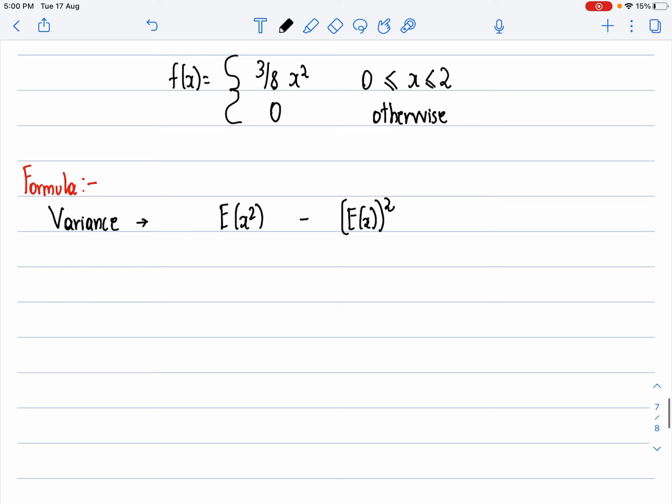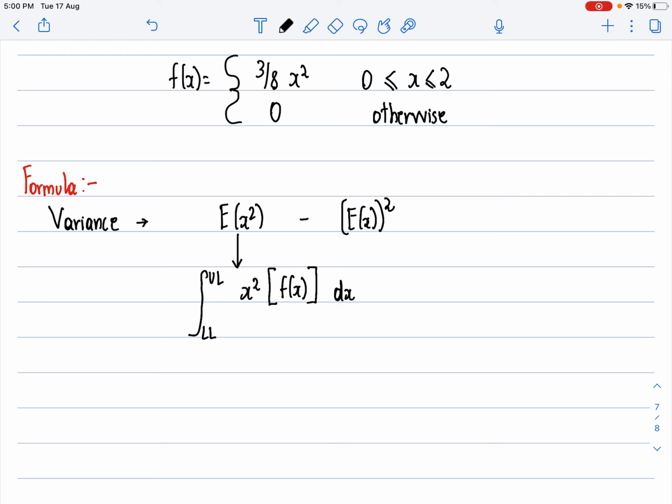But now in this chapter, E of x square is calculated when you integrate from the lower limit to the upper limit x square multiplied by f of x dx.